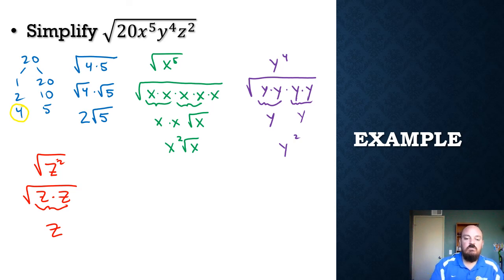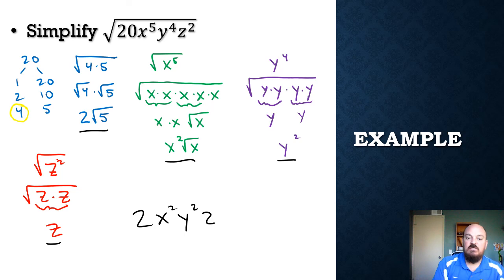So if you look at these four things, I have one here, one here, one here, and one here. We need to put those all together, and that's going to be my answer. Now what you want to do is put the whole number part together and the radical part together. From the first one, for my whole number part, I have a 2. From my green one, I have an x squared. From my purple one, I have a y squared.